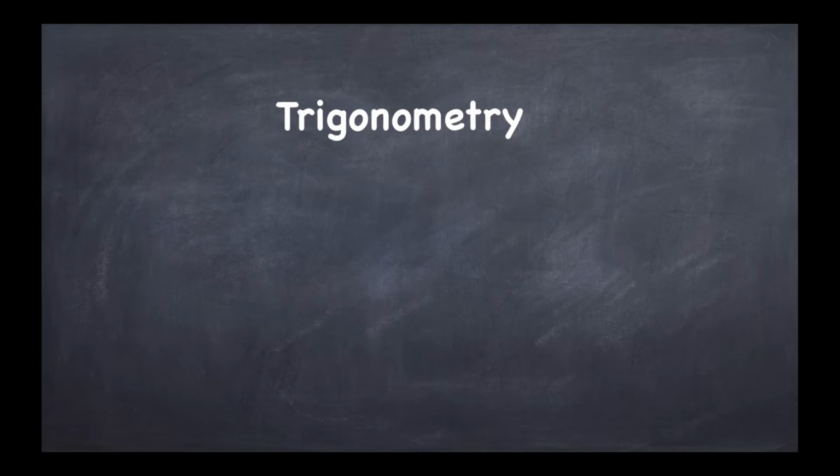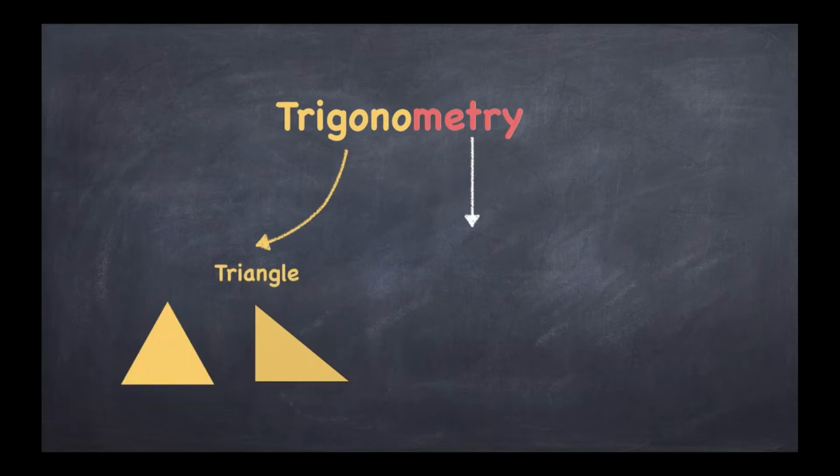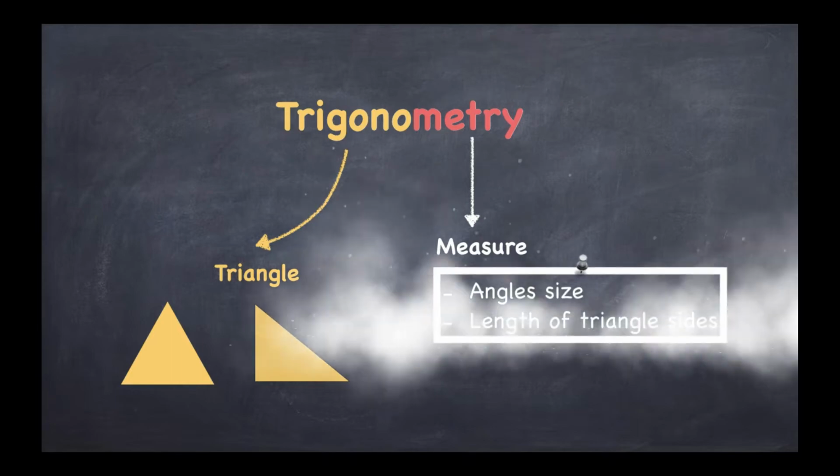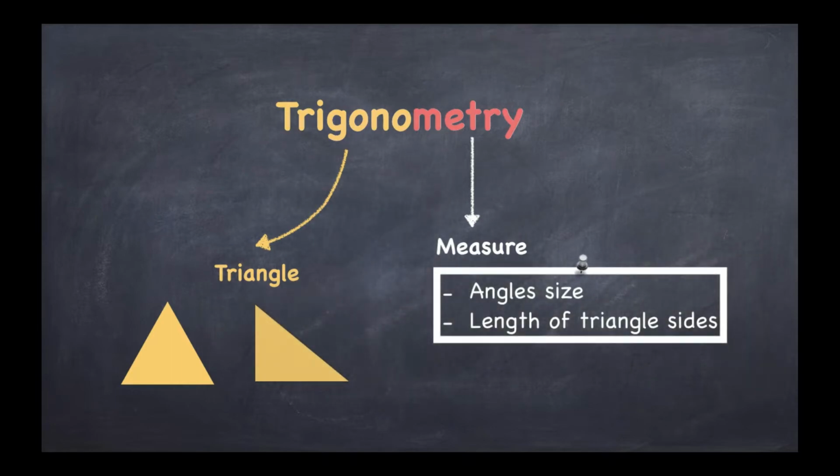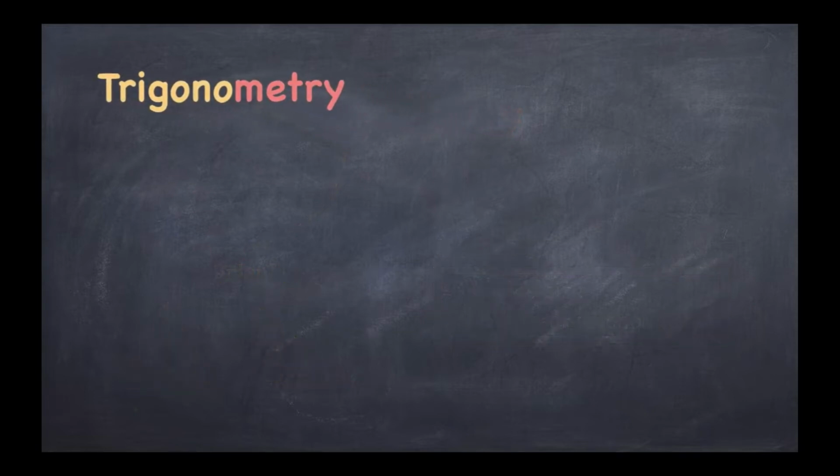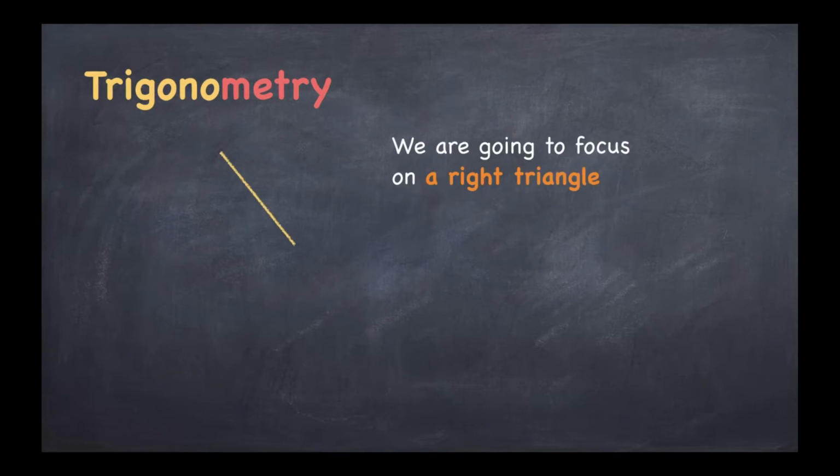So now we are going to talk about trigonometry. The word trigonometry comes from trigono and metry. Trigono means triangle, while metry means measure. And in this case, the measurements are related to the angle size and the length of the triangle side. We are going to focus on a right triangle.